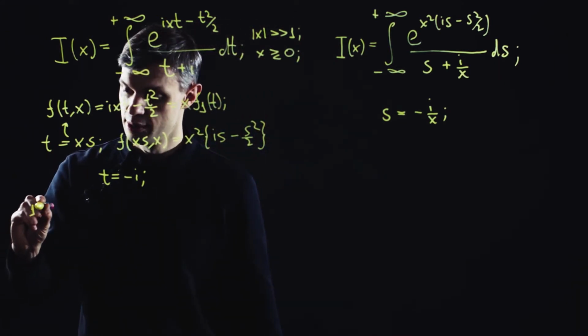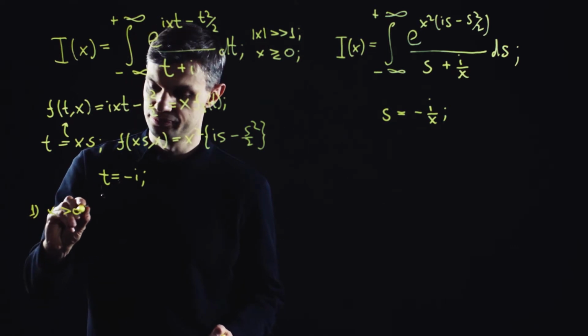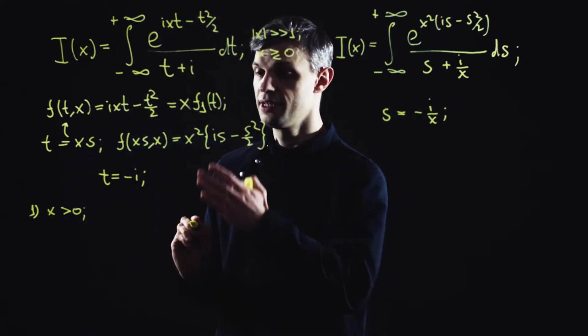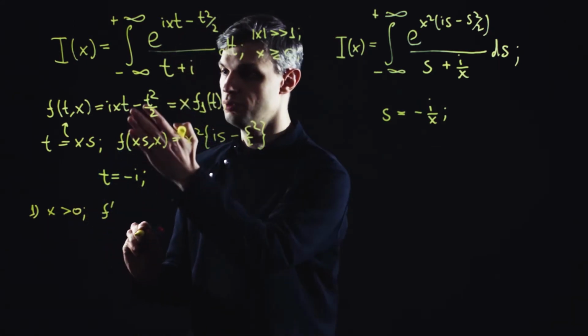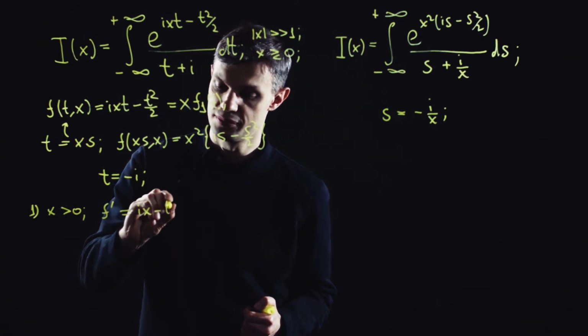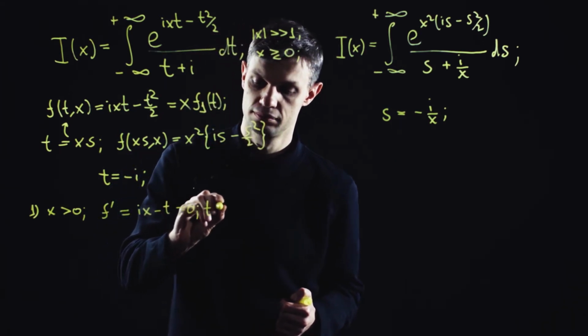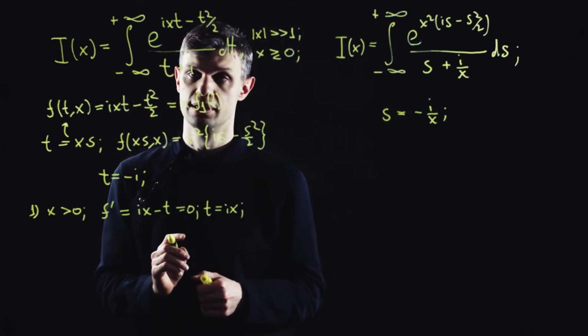So first, we consider the case of large and positive x. Let's find out the position of the saddle. The stationary point equation is given by simple differentiation. So the saddle is positioned at the point ix.